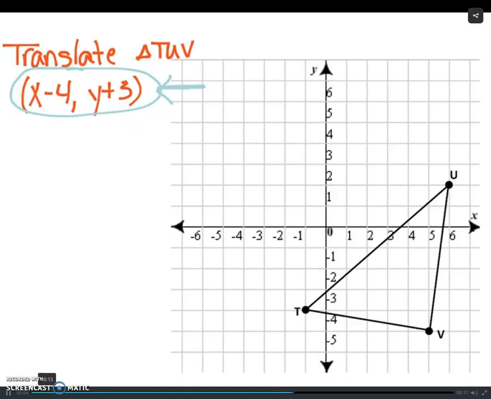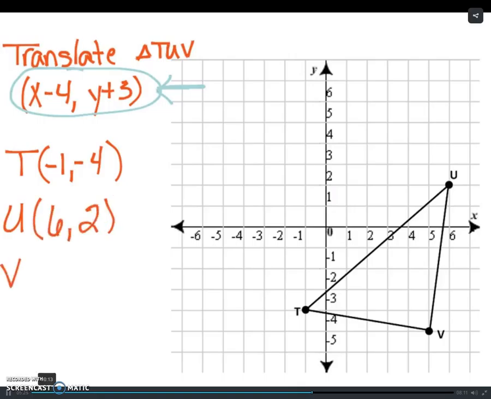So let's go ahead and list out our original coordinates. So T is at -1, -4. U is at 6, 2. And V is at 5, -5. Now we are going to translate each of these, okay?